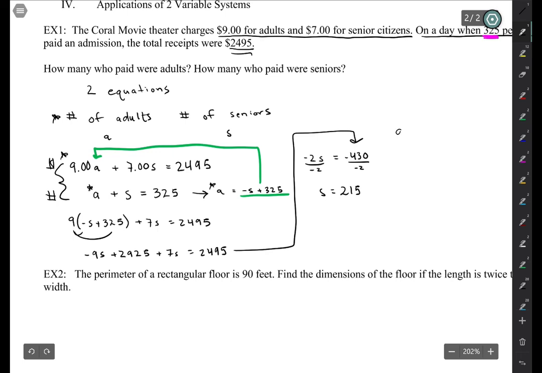I'm going to use the adults is equal to negative 215 plus 325. And really it's 325 minus 215. And the adults then is 110.